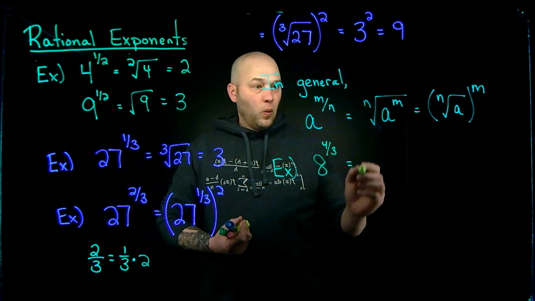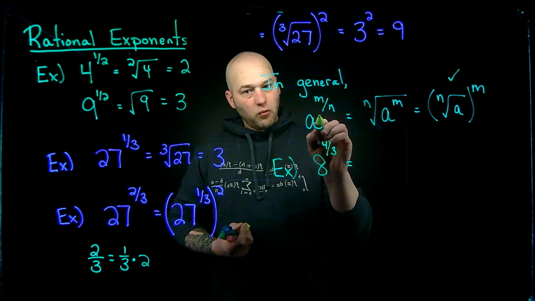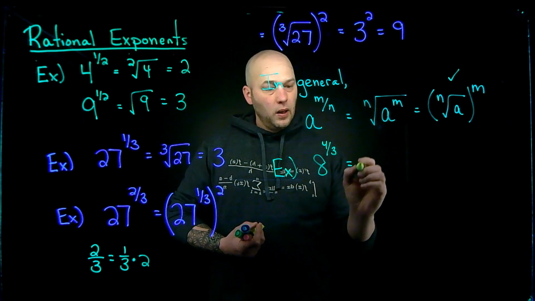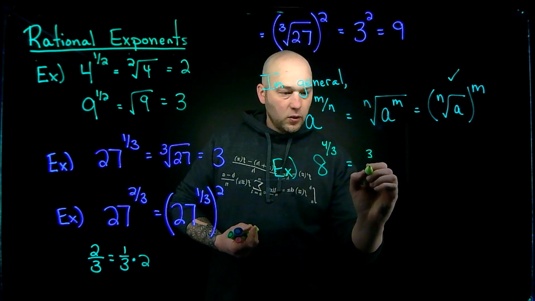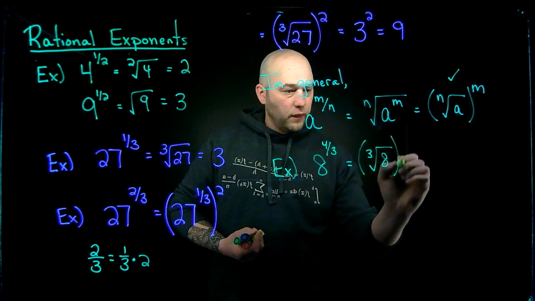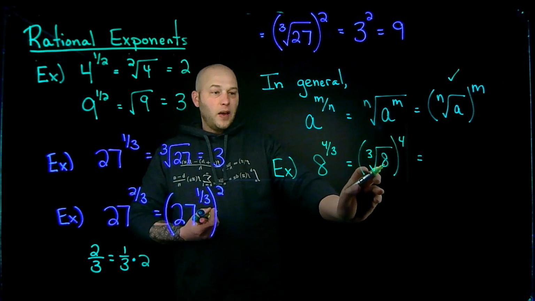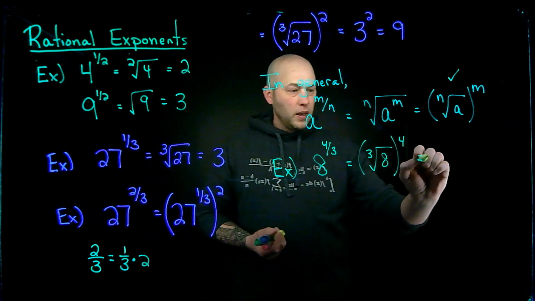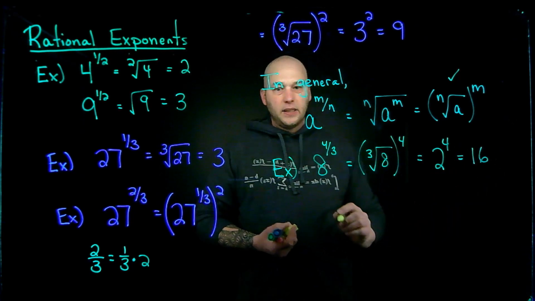Now, if I was to use this property here, where I convert a rational exponent to a radical, remember what I do is the denominator is the index, so that'd be the cube root of the base. Then I'm going to evaluate that to the 4th power. Now, what is the cube root of 8? Of course, that's 2. And then 2 to the 4th power would be 16.